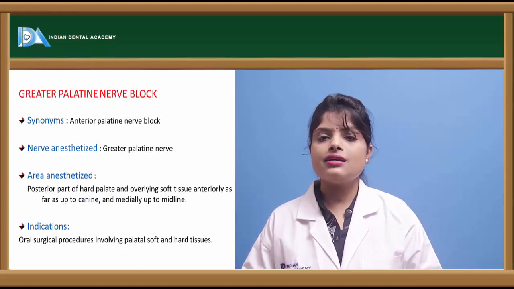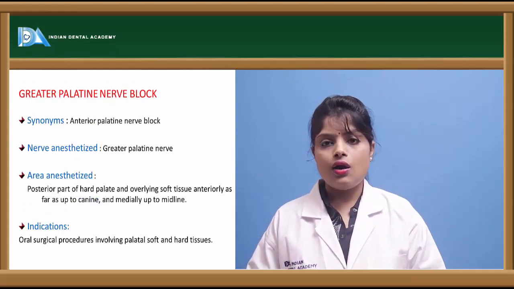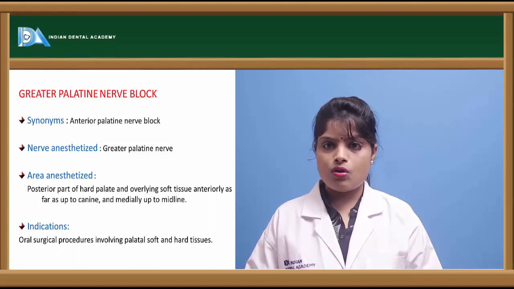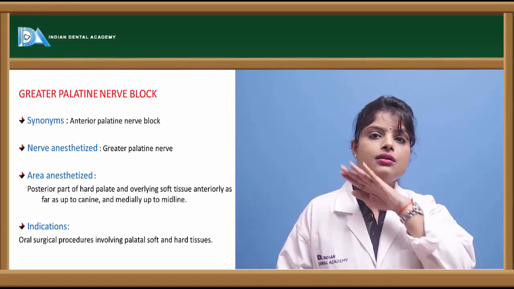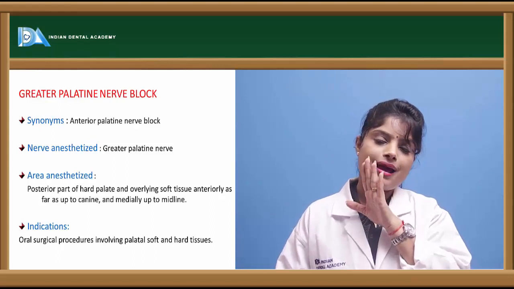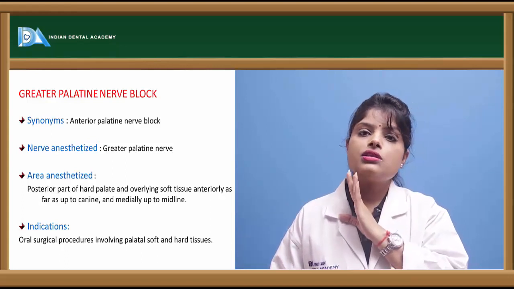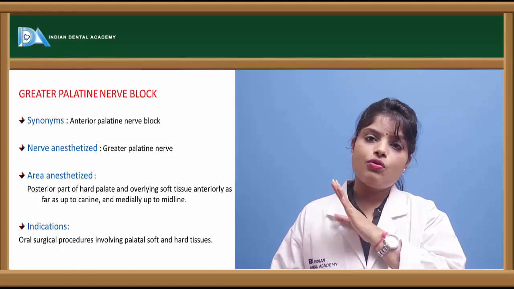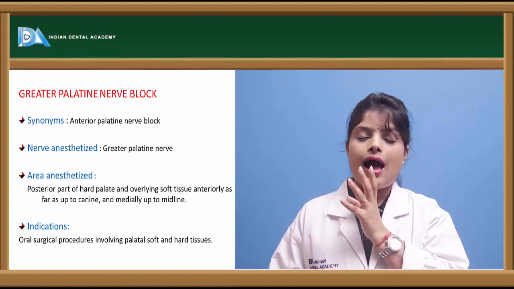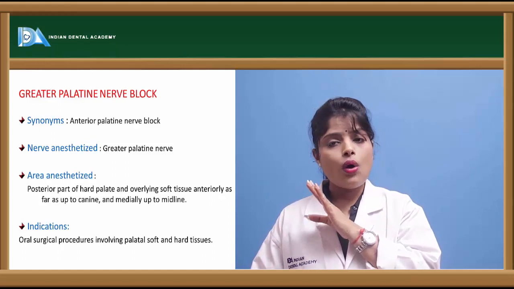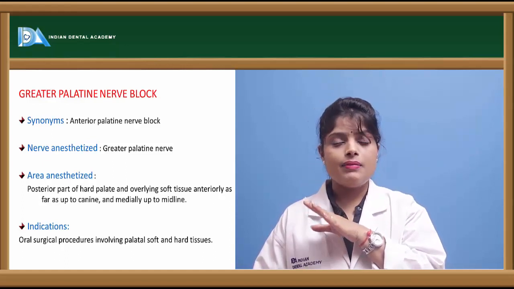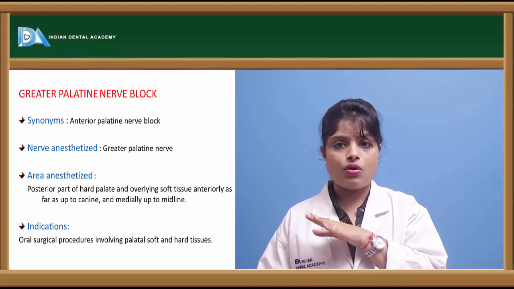Next comes the greater palatine nerve block. Now the greater palatine nerve block is basically used for anesthetizing the palatal areas or the palatal roots of the teeth, which is the first molar, the second molar and the third molar and the entire palatal area. So what is the technique behind this greater palatine nerve block?